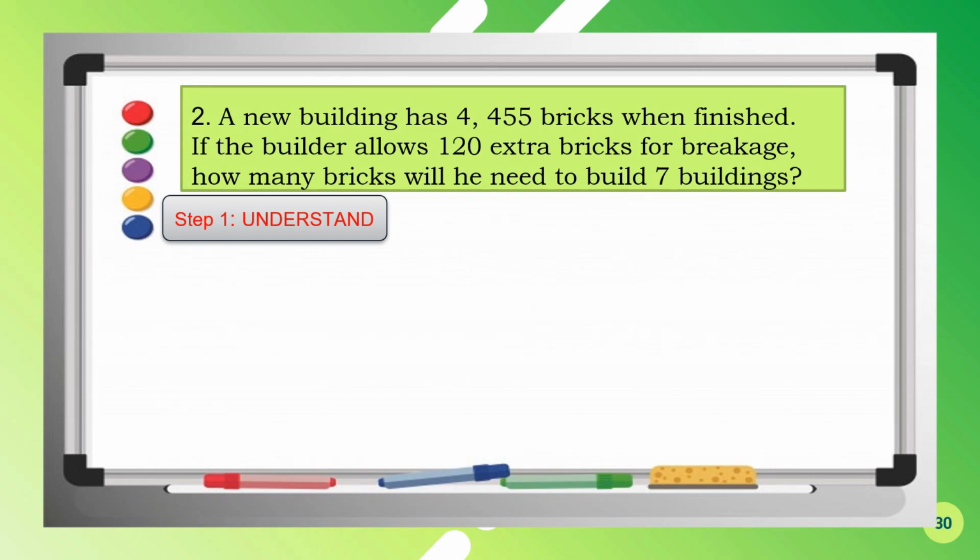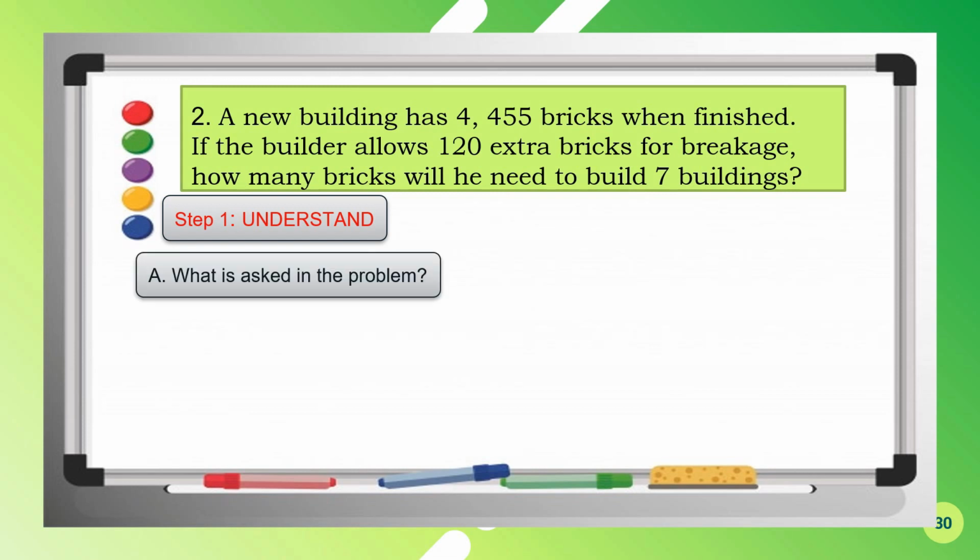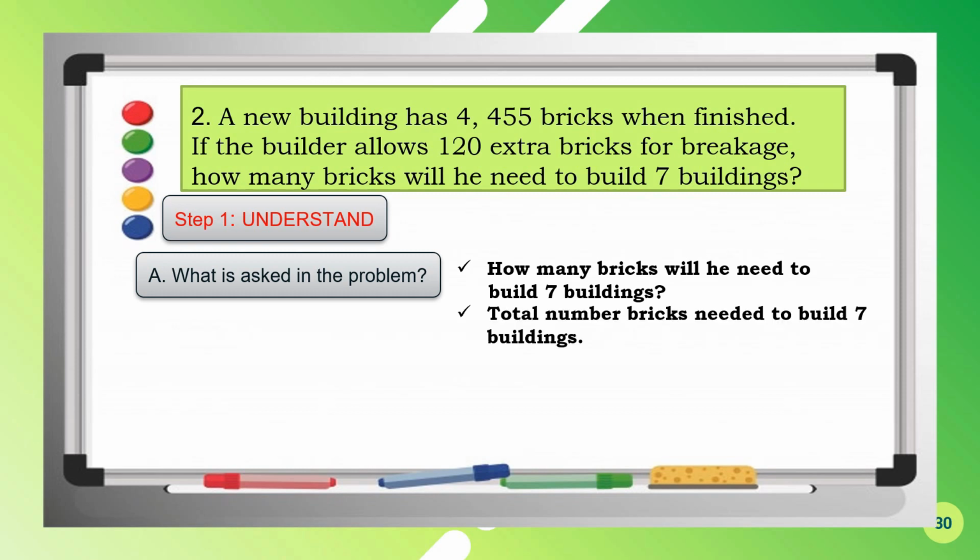To solve this, we must follow the steps in solving word problems. So step 1, we need to identify what is asked in the problem. So we can write how many bricks will he need to build 7 buildings, or the total number of bricks needed to build 7 buildings.